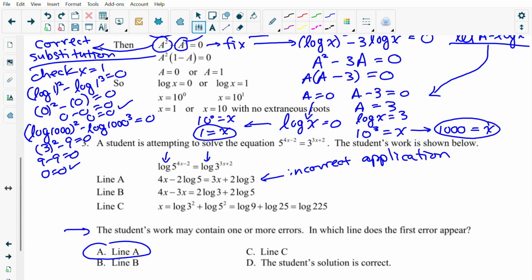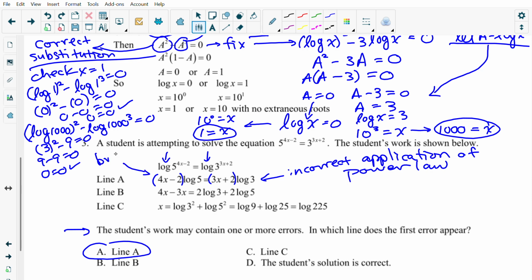You cannot make up laws of logs. Why? Let's take a look. I should have brackets here because that 4x minus 2, those are exponents, folks, that come down and become coefficients when I apply the power law correctly. So what happened here is that since I didn't use brackets, everything else becomes an error as I go down, right? So this is the incorrect application of power law.